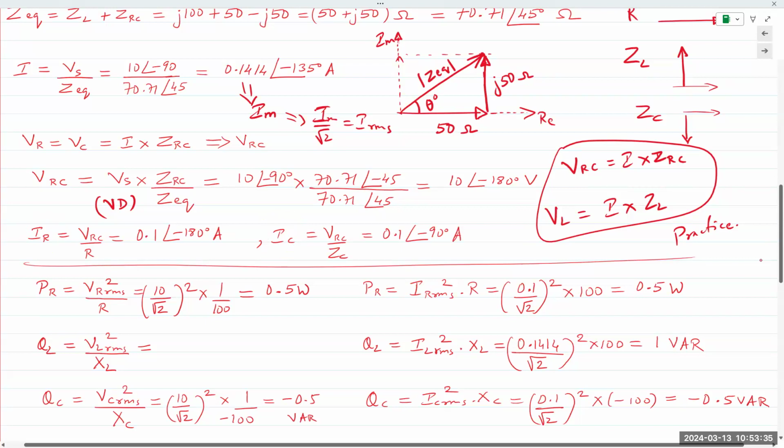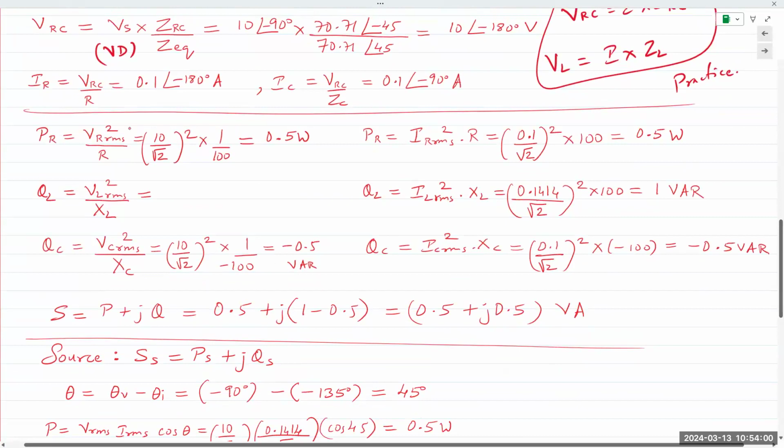The reason I'm finding all of these values is to show you multiple approaches. You do not have to do that. You pick and choose which approach you wish to take. Make sense? You do not have to find the voltage and current for every component. This is here just to show you that you can take multiple approaches and still arrive at the same answer, the same destination.